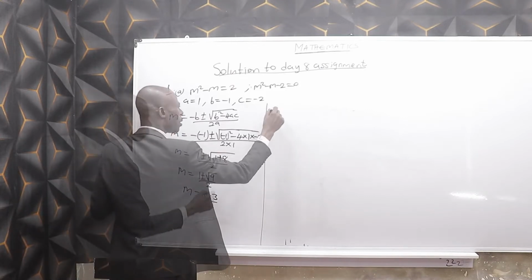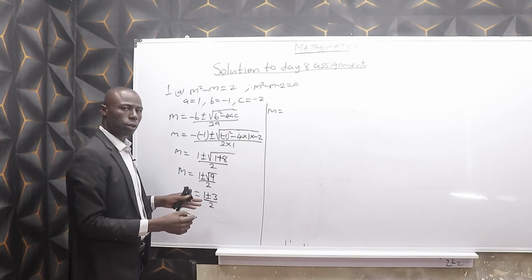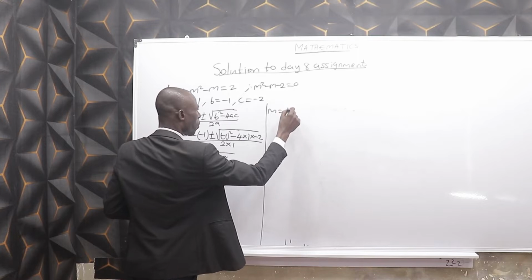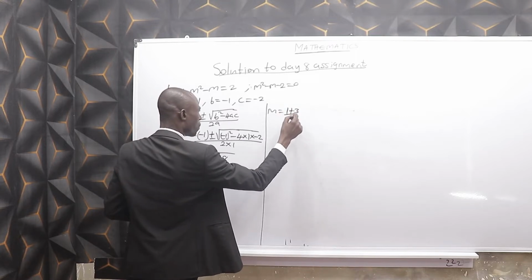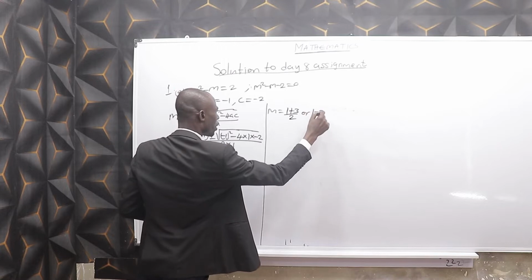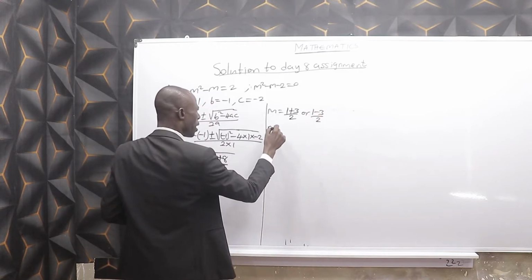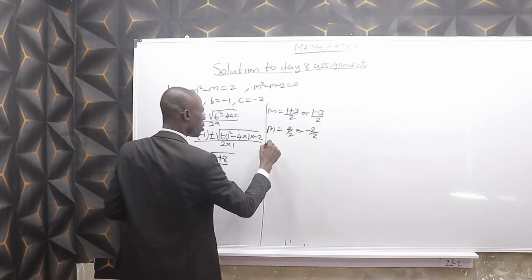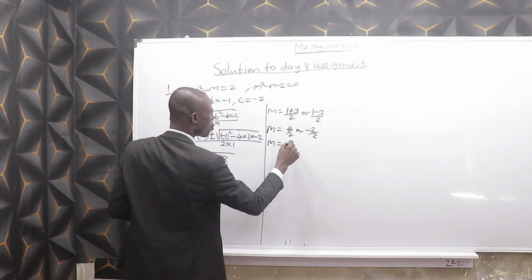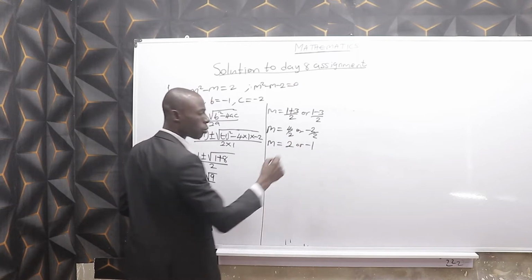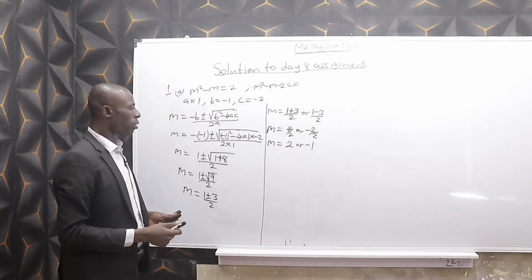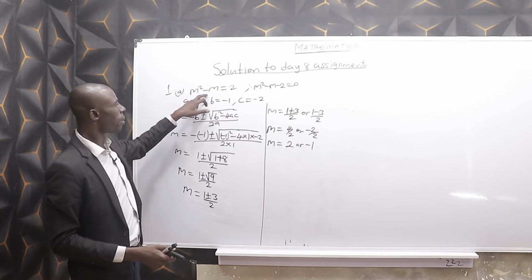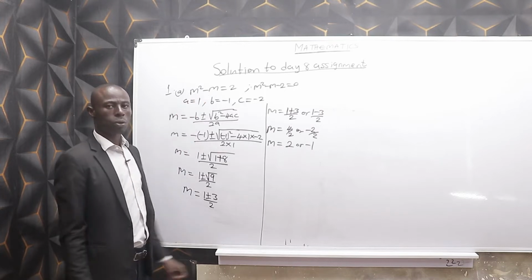You take the double sign one after the other: 1 plus 3 over 2 or 1 minus 3 over 2. m will be equal to 4 over 2 or minus 2 over 2. And finally, m will be 2 or minus 1. So, minus 1 and 2 are the roots of the quadratic equation m squared minus m equals 2.